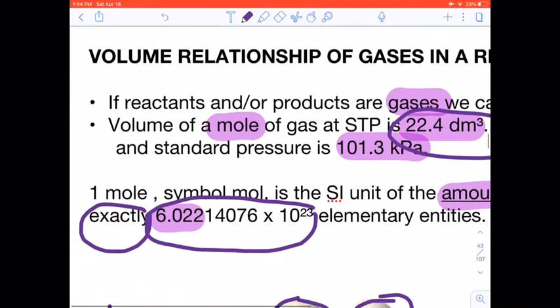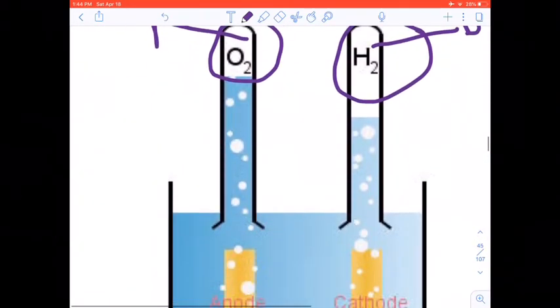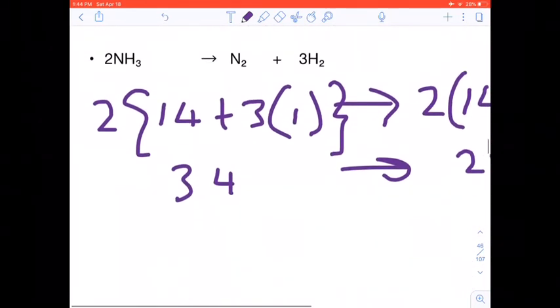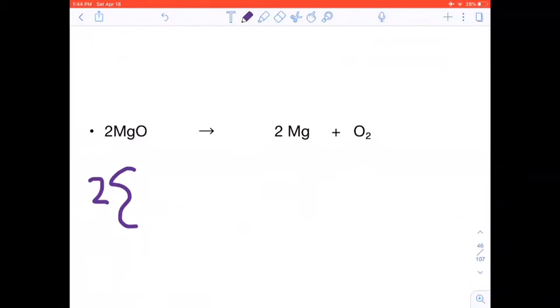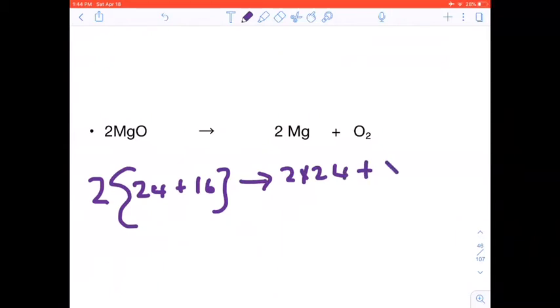So it's 24 plus 16 gives us, 2 times 24 plus 2 times 16.